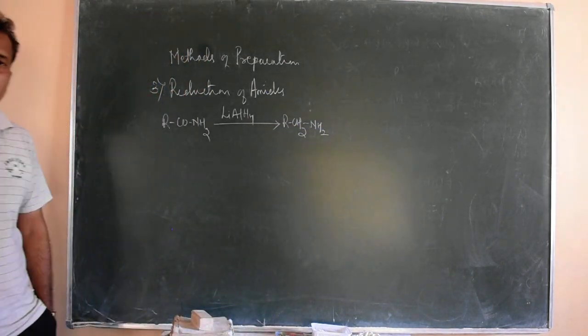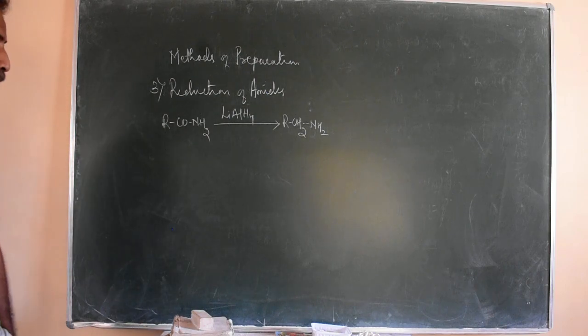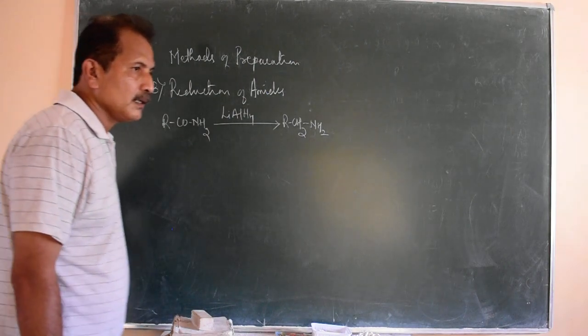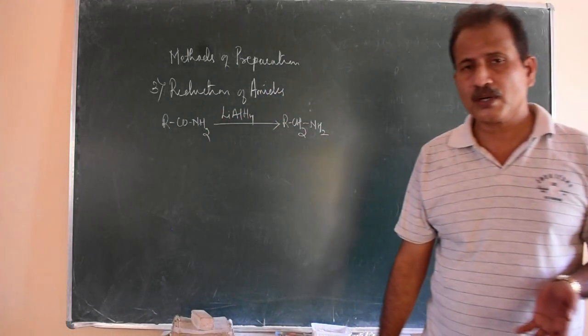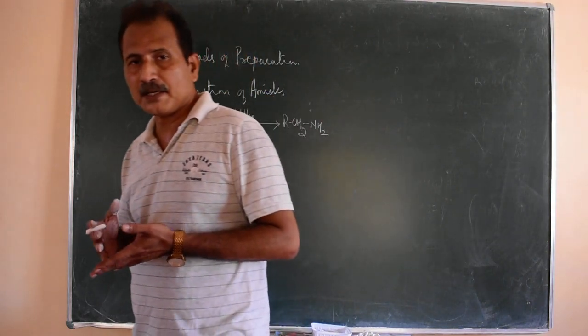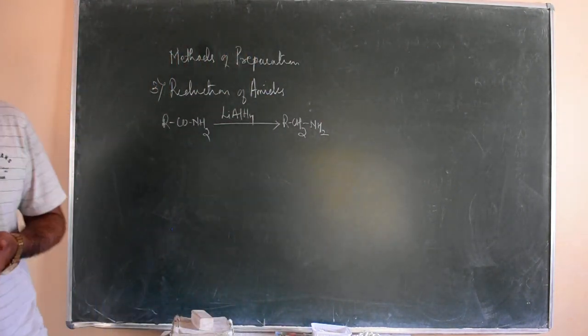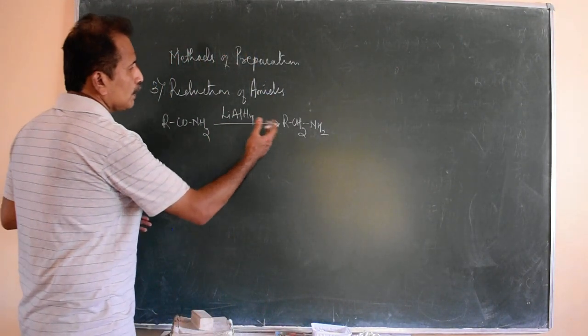So amides on reduction can also give you the amine. So you have three reductions now. You can reduce a nitro compound, a nitrile or cyanide, or an amide to give you your amine.